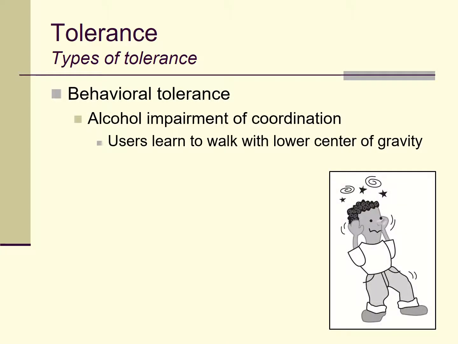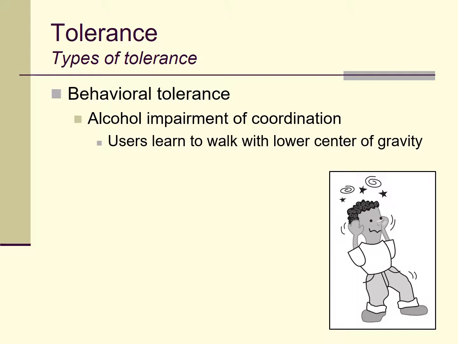So a common example of this is acute behavioral tolerance for alcohol. As I mentioned in the previous lecture, a pretty common effect of alcohol intoxication is motor discoordination. So people stumble when they walk, they sway when they walk, they can even fall over, of course, and you may know this if it's ever happened to you, if you've drunk too much alcohol, or if you've been to a party or been out at a bar and seen someone who's had too much to drink and they're swaying and stumbling around the room.